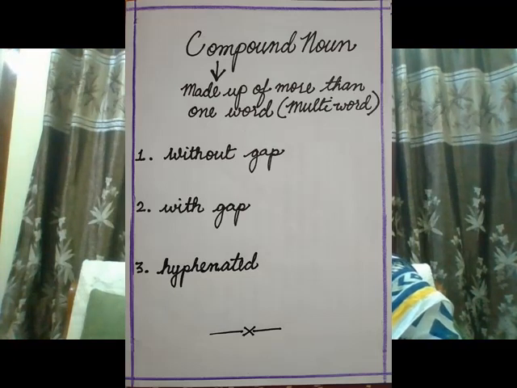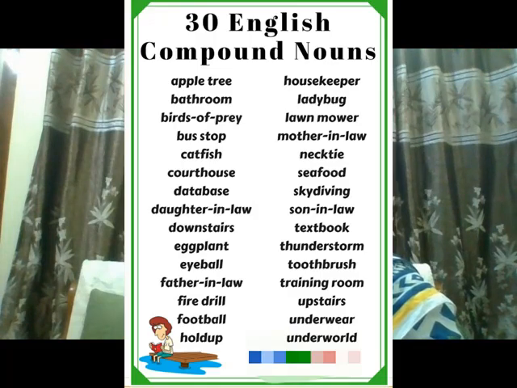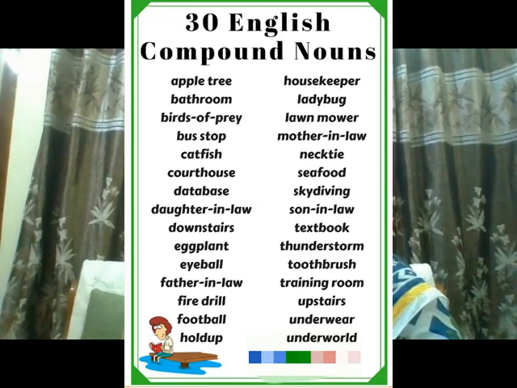In mother-in-law, after mother we put a dash and then after in we put a dash, that is a hyphen, and then together it is mother-in-law. Now in the examples you can see apple tree, bus stop, lawnmower. These words are compound nouns created by giving gaps in between. Then there are words like bathroom, catfish, courthouse, database, eggplant, housekeeper, seafood.